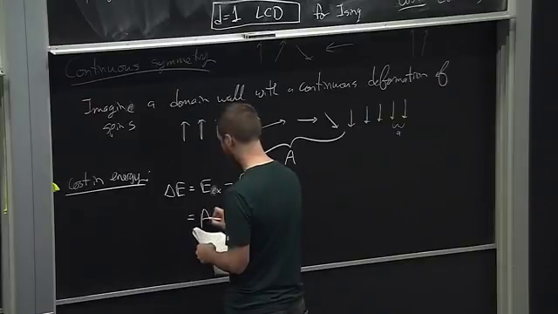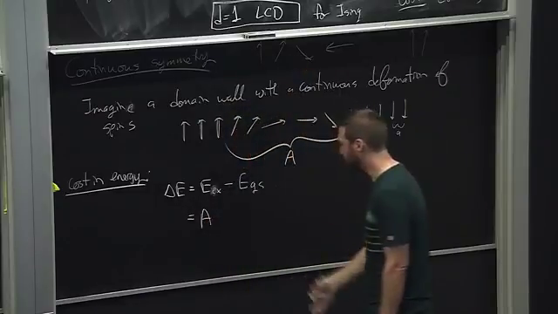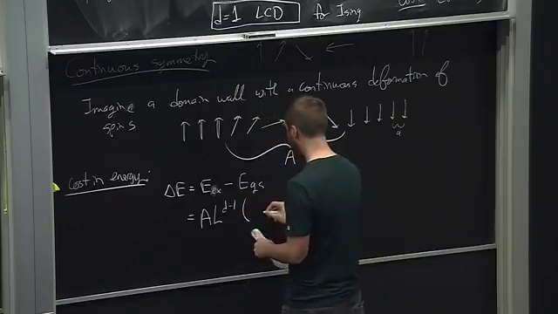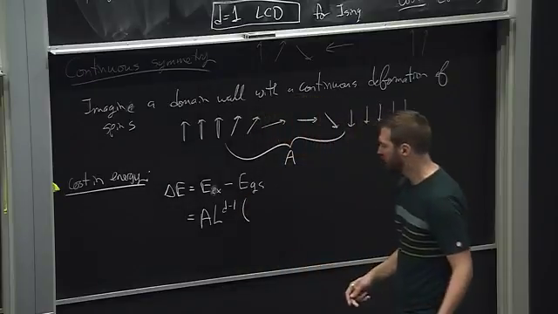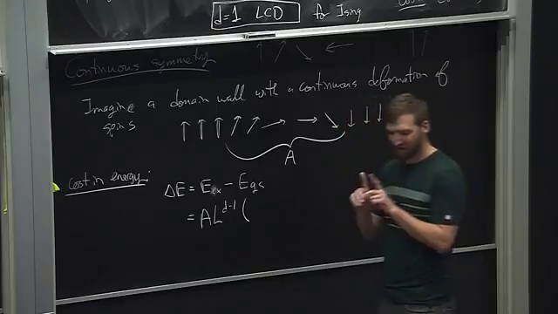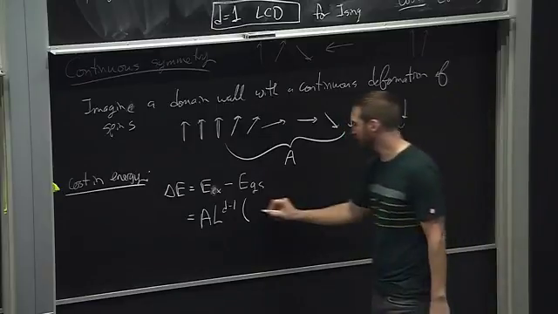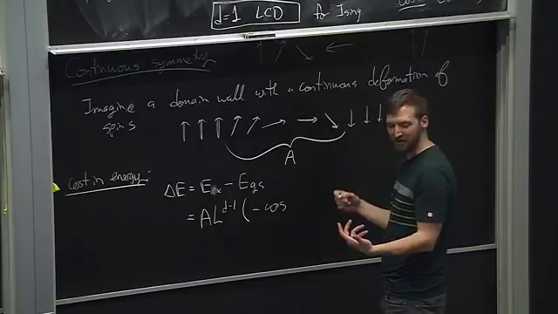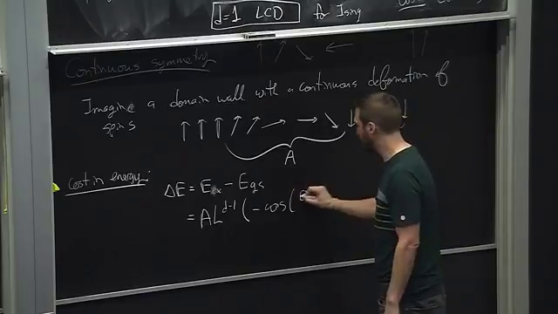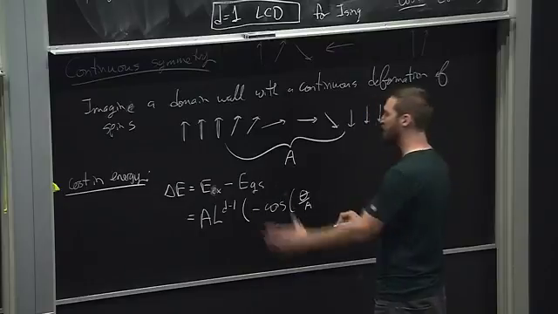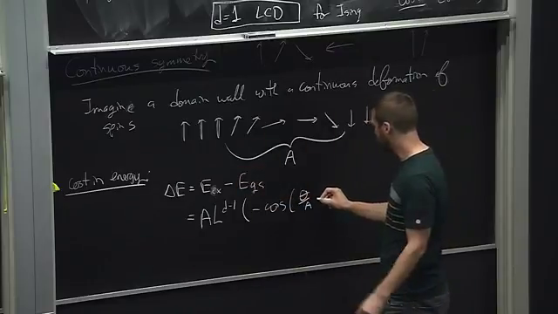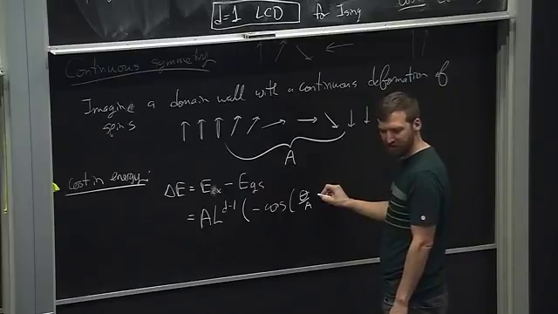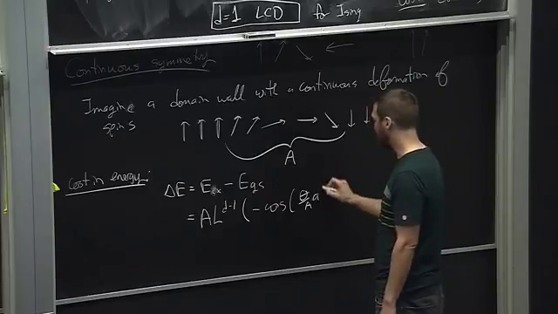If I have this in higher dimensions, again, L to the D minus 1. So the excitation, imagine now I'm costing myself something like cosine, I'm just imagining a Hamiltonian, theta a over A, where theta is that total angle, so it's going to be pi in this case.